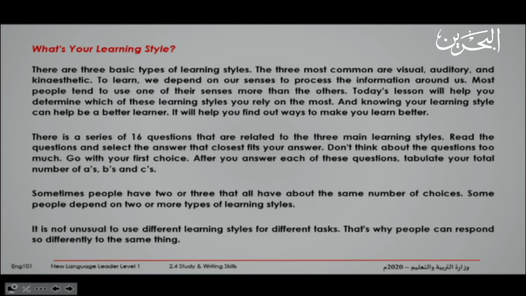Sometimes people have 2 or 3 that all have about the same number of choices. Some people depend on 2 or more types of learning styles. It is not unusual to use different learning styles for different tasks. That's why people can respond so differently to the same thing.